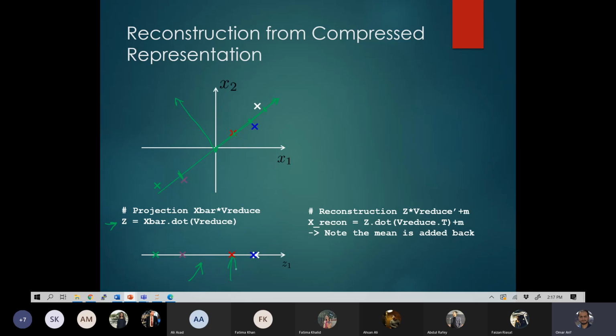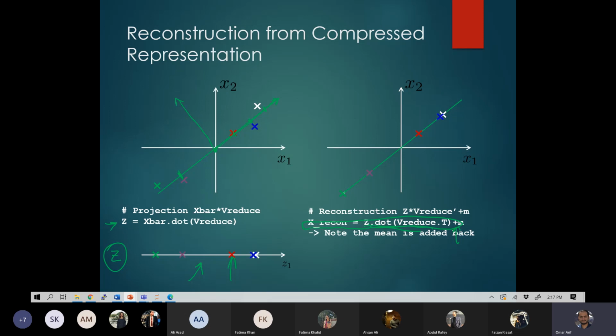Now, once you have this, contained in this matrix Z, you want to go back to the original axis. Okay, what are the coordinates of these points? If you go back to the original axis, then you use this equation. X reconstruction is going to be equal to this. You take the dot product, then add back the mean.